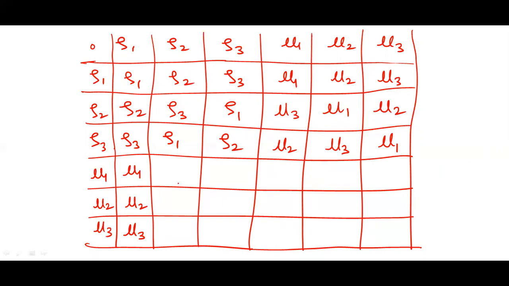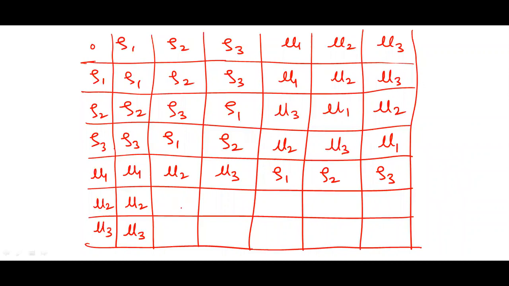Similarly, you can verify that mu1 composition rho 2 is mu2. Mu1 composition rho 3 is mu3. Mu1 composition mu1 is rho 1. Mu1 composition mu2 is rho 2. Mu1 composition mu3 is rho 3.